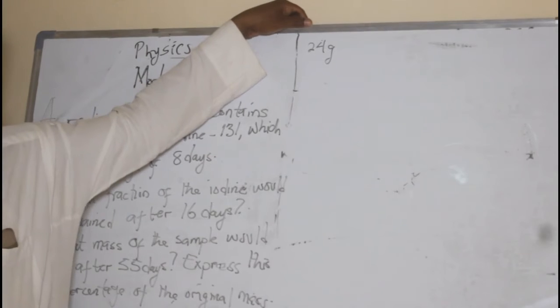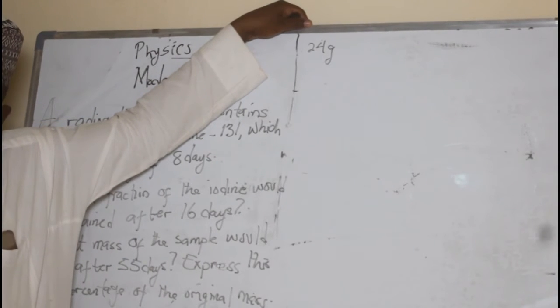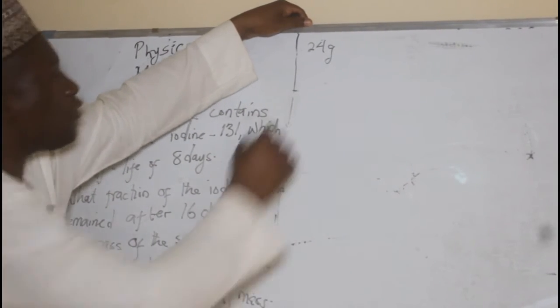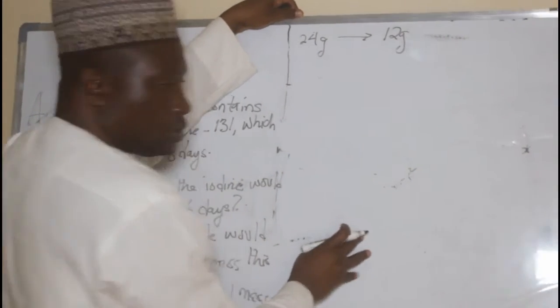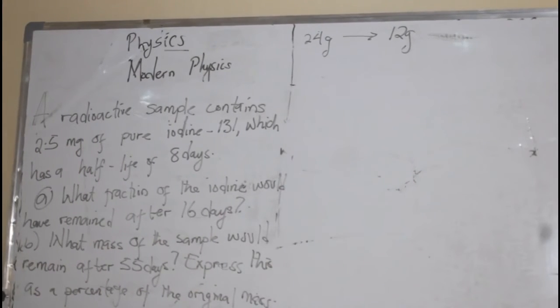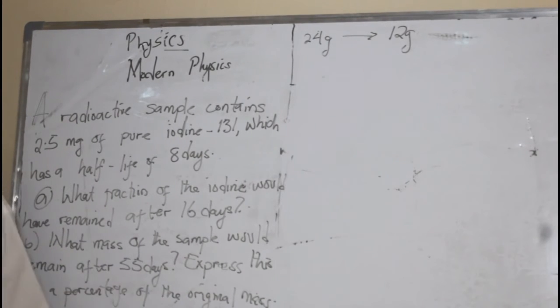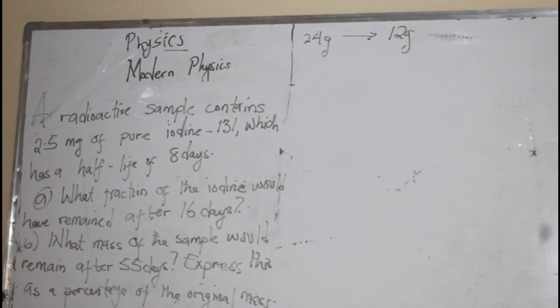It will start decaying, and the mass will keep decreasing. Eventually, at a given time, only 12 grams will be present. For an isotope to decay to half its original mass is what we call the half-life. Half of 24 is 12, right?